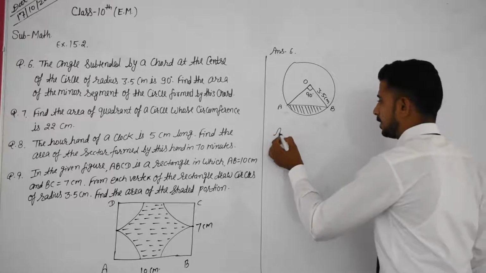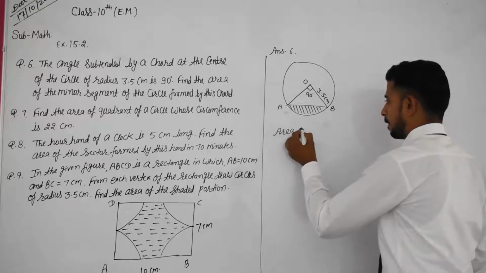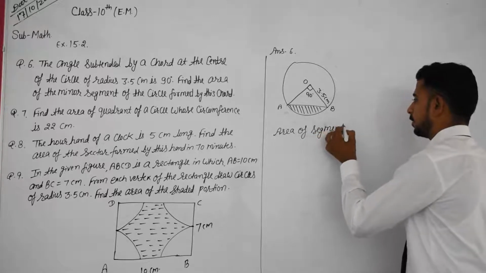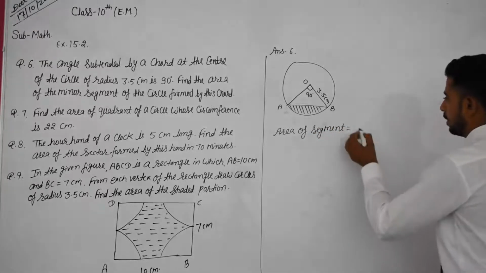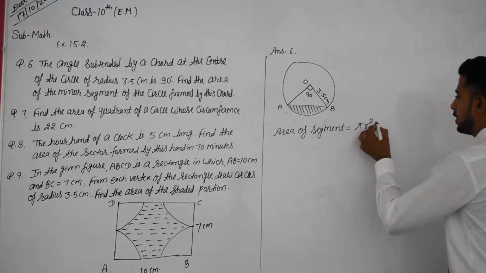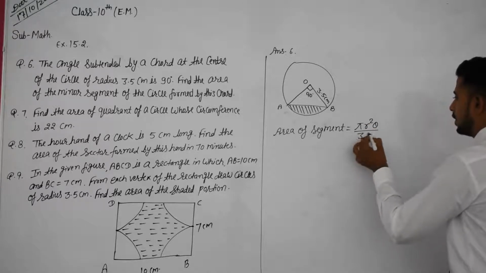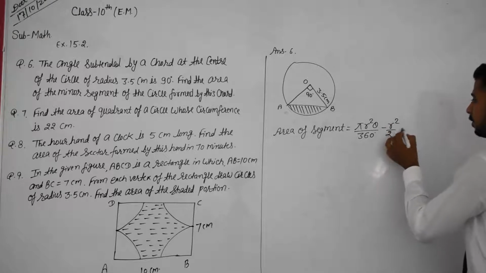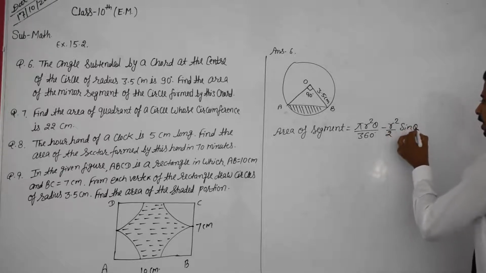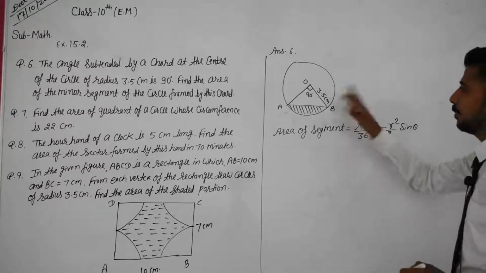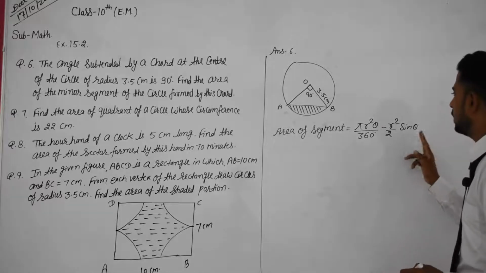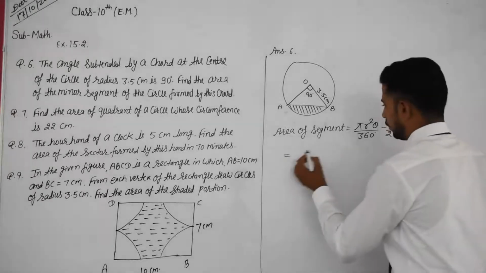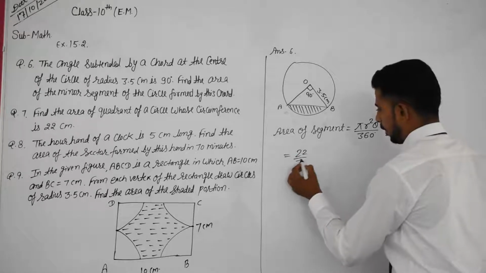Area of segment is equal to, the formula is pi r square theta upon 360 minus r square upon 2 sin theta. Here radius is 3.5 centimeter and angle theta is equal to 90 degrees. Then pi means 22 upon 7.